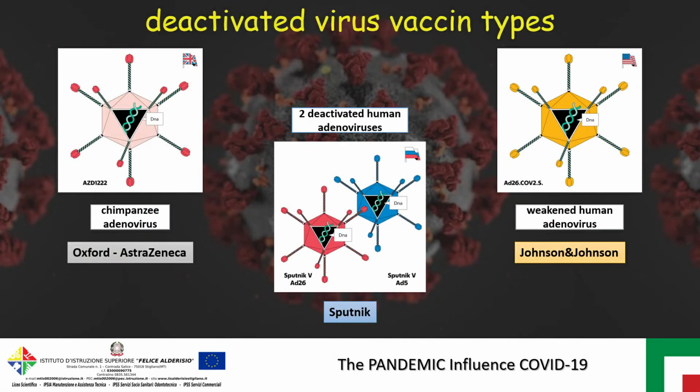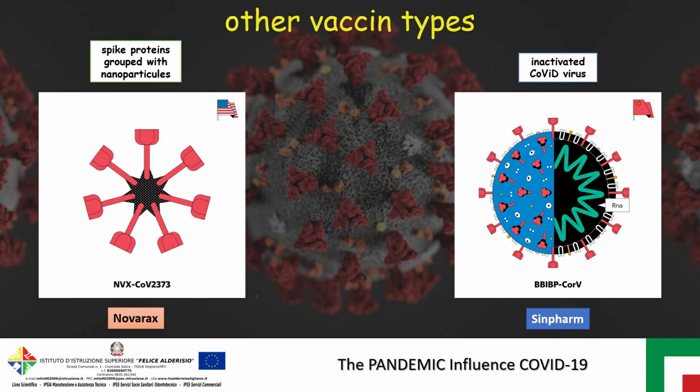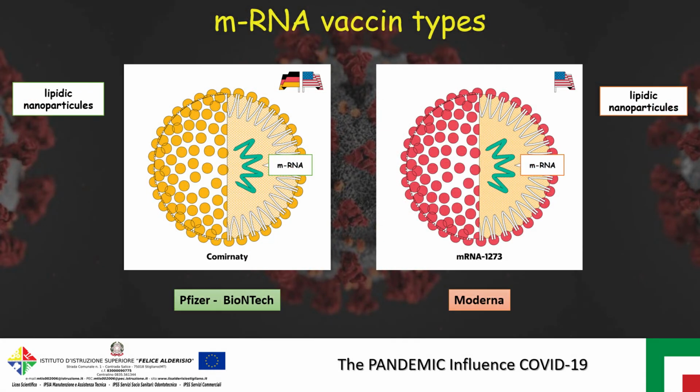There are several different types of vaccines: mRNA or RNA vaccine, the inactivated vaccine, non-replicating viral vector vaccine, and protein subunit vaccine. The American companies Pfizer-BioNTech and Moderna vaccines use mRNA technology, a type of vaccine that uses a copy of a natural chemical called messenger RNA, or mRNA, to produce an immune response.